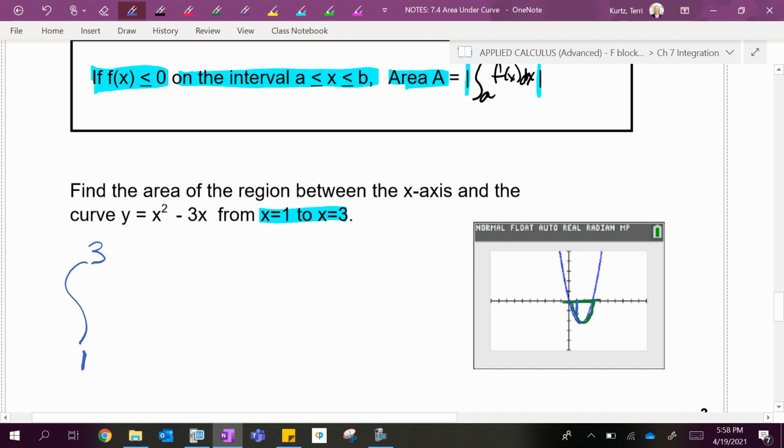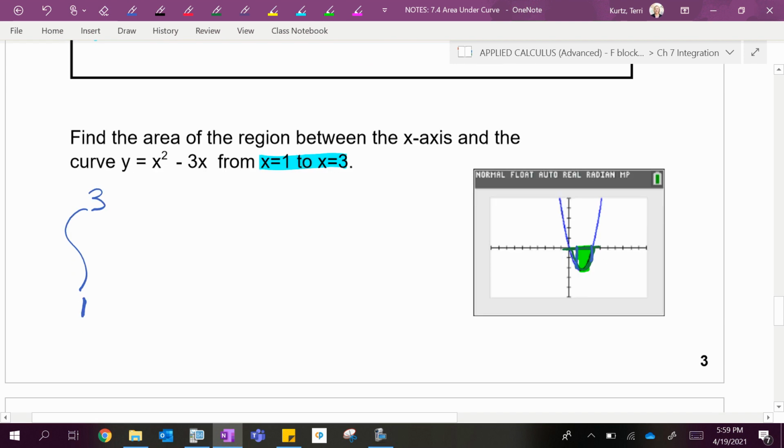So that would be here to here. So we're trying to find the area of this little section. So those y values are underneath the x-axis, and we're going to end up with a negative value, but our final answer is going to be positive. So let's see what happens here.